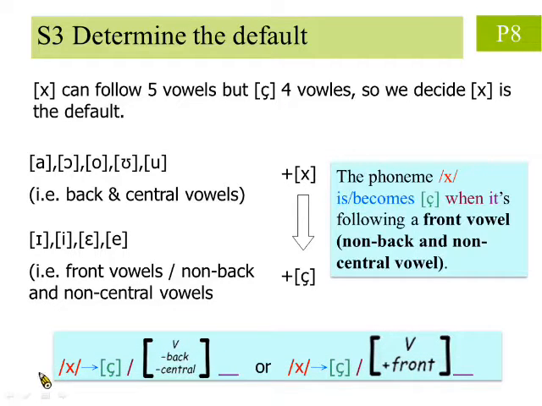Observe here, the color of each notation corresponds with the words above. We note that the two rules here have the exact same meaning. In one, we write the rule in terms of front vowel, but in the other, we write the rule in terms of non-back and non-central vowel.